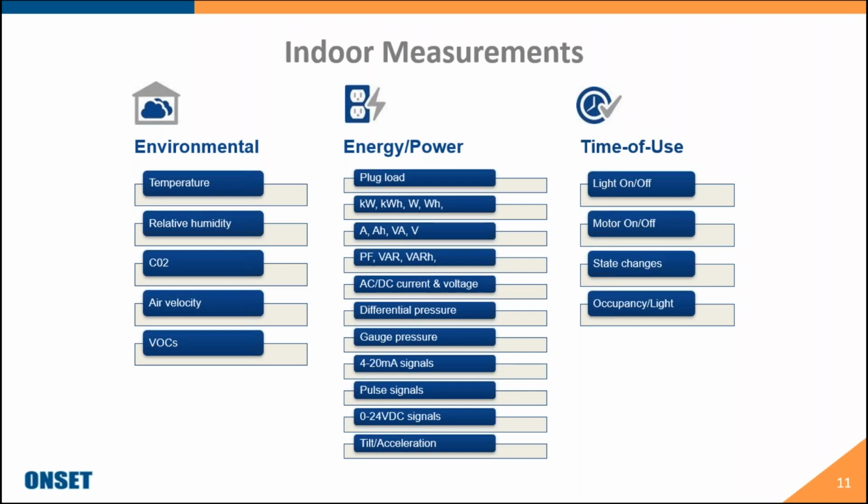This slide shows the different types of measurements that you can take with our data loggers, and this is more geared towards indoor building performance. For environment, we offer temperature, relative humidity, VOCs, CO2, air velocity, etc. For energy, we offer plug load loggers, kilowatt hour monitoring data loggers, and sensors and loggers to record amps, volts, power factor, VAR, voltage and current, pressure, 4 to 20 milliamp signals, DC voltage signals, pulse signals, as well as tilt and acceleration.